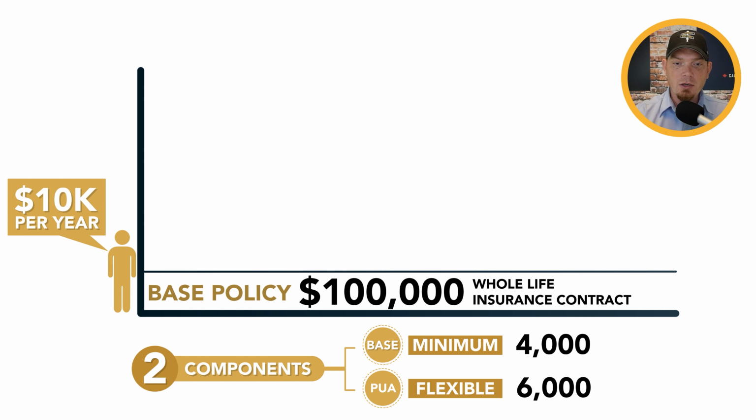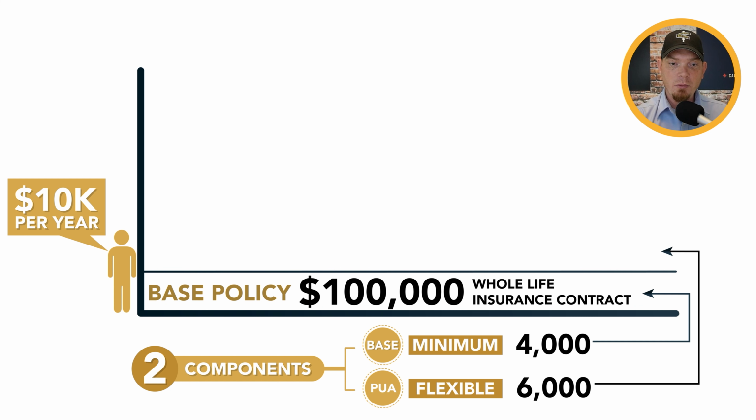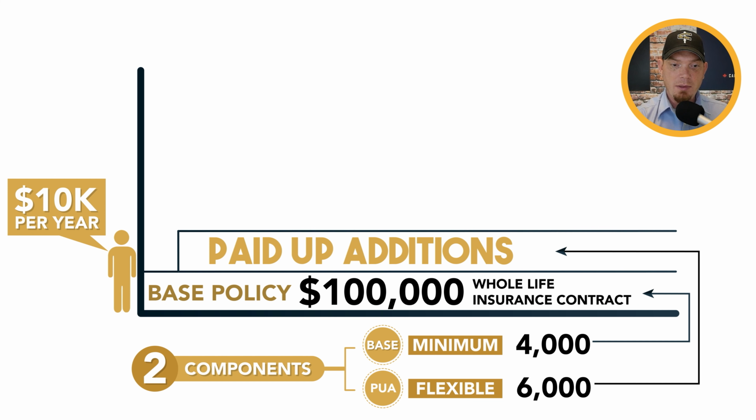Now, when the policy owner pays that very first premium, the $4,000 is the required amount to service that very first foundational level of insurance. The flexible part does something really cool. It comes all the way up here, and what it does is it purchases what's referred to as a paid up additional block of insurance.